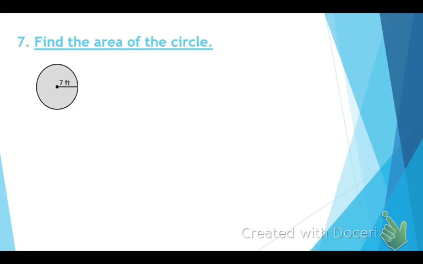All right, for question number 7, you are finding the area of the circle. Guys, does this give me the radius or the diameter? This is the radius, so what would the diameter be? 14. What's the formula for area of a circle? Now listen, quite a few people did this. Should I divide it by 2? When do I divide it by 2?